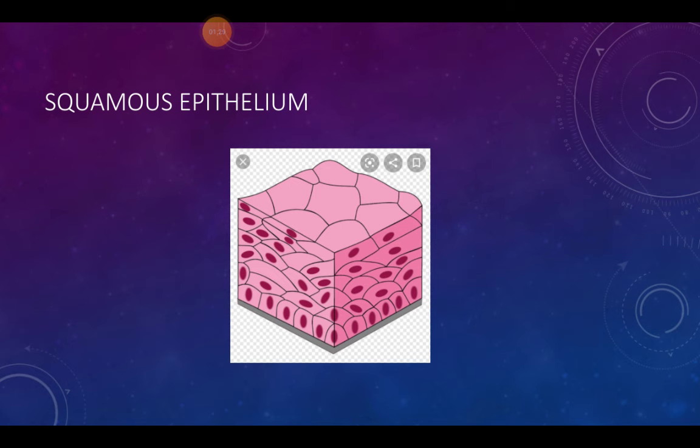Location of squamous epithelium: it forms the lining of cavities of different organs like the mouth and esophagus. Function of squamous epithelium: it protects the underlying parts of the body from injury and prevents entry of germs.